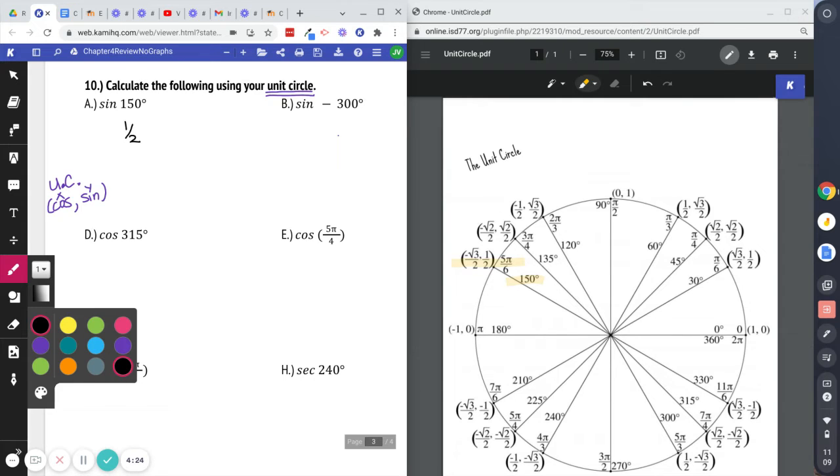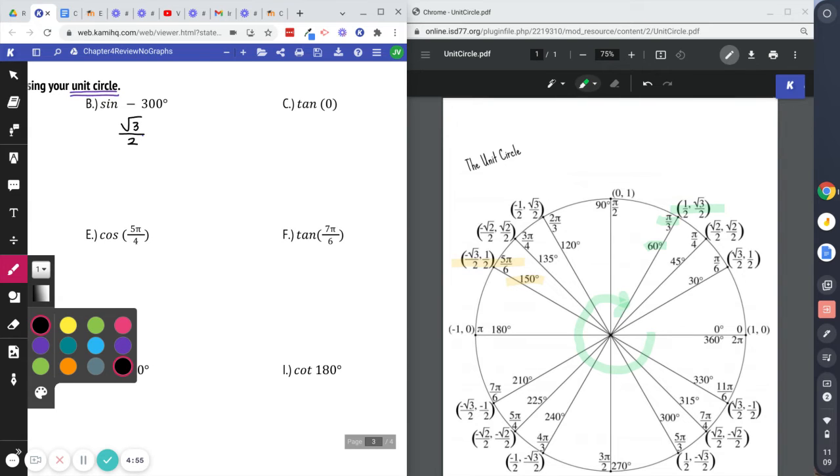Sine negative 300. Well, negative 300, that means I'm going to go around, not all the way around, because I'm not going a full 360, I'm only going 300. Which means I'm getting to 60, right? And there's all the information for 60. In terms of sine for negative 300, which is the same as sine for 60, taking the y values, I'm taking root 3 over 2.